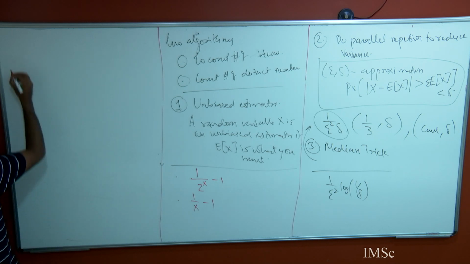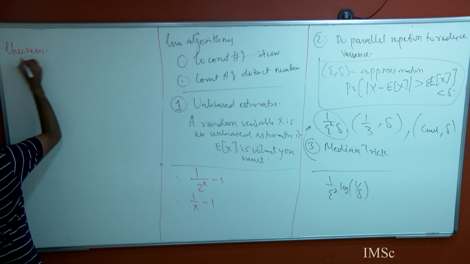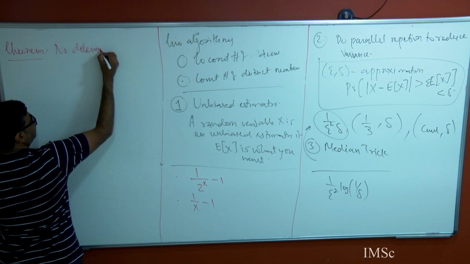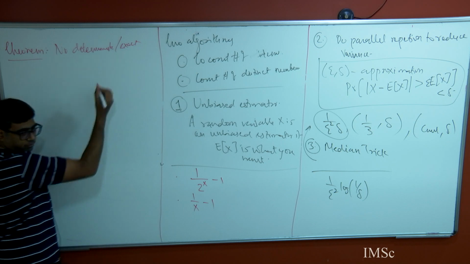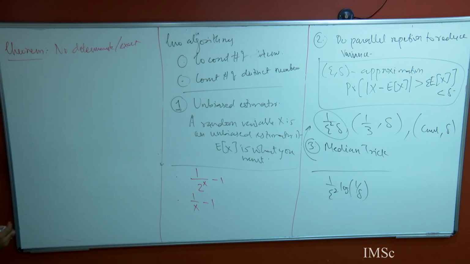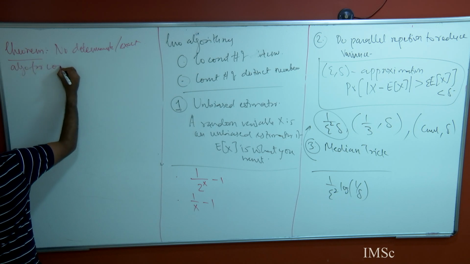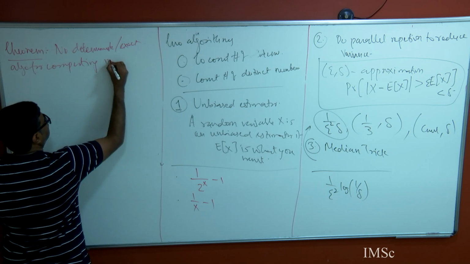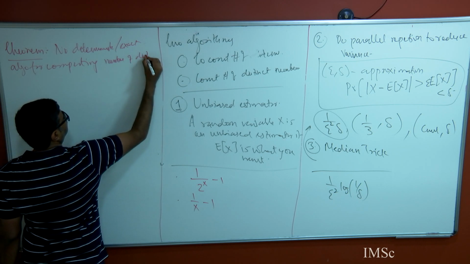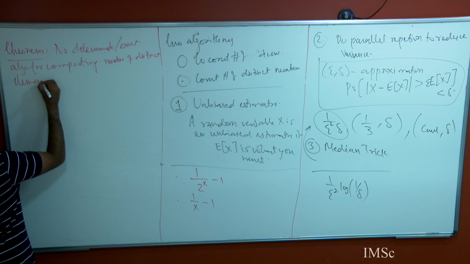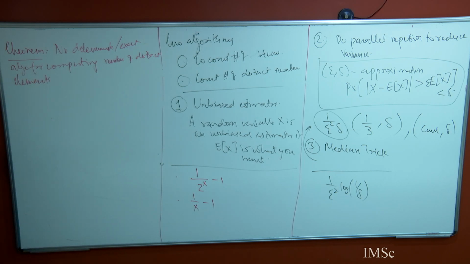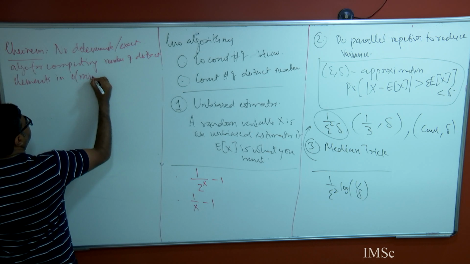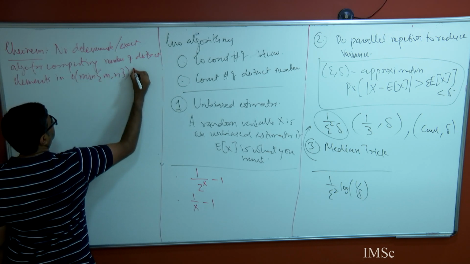So what is my first theorem going to be? My first theorem is that no deterministic exact algorithm for computing the number of distinct elements can use little o of min m comma n bits.